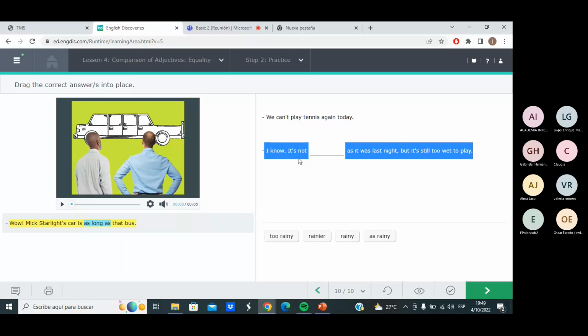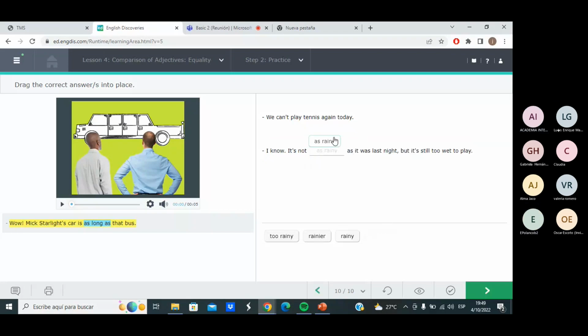Number 4. Okay, you choose number 4, but can you read it, please? I know it's not as rainy as it was last night, but it's still too wet to play.